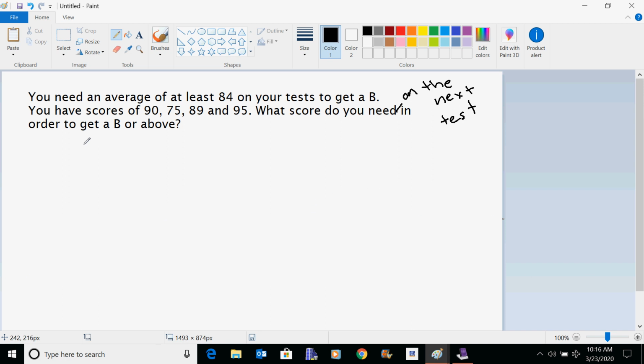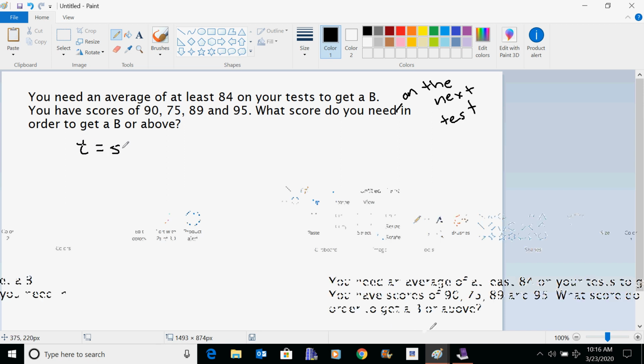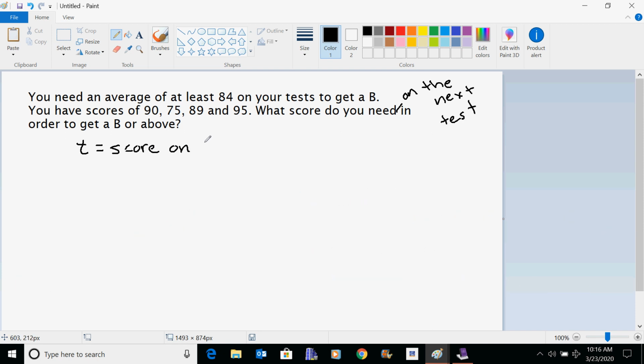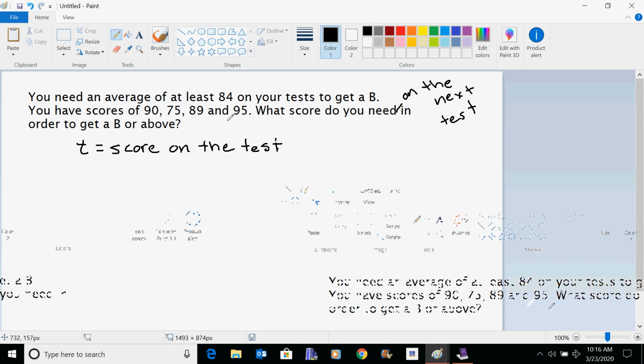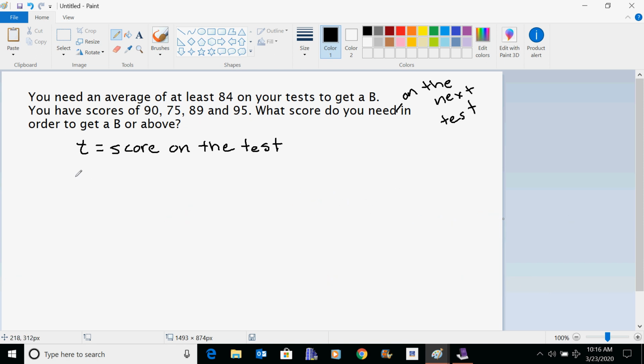So what we are going to do is we're going to let T equal the score on the test. Okay, and we're going to think about how you average numbers. Now remember, when you do an average, you add up the numbers and divide by how many there are.